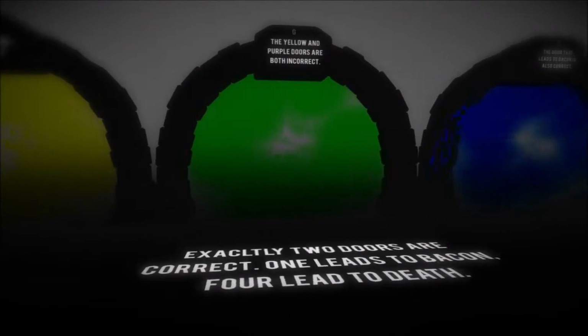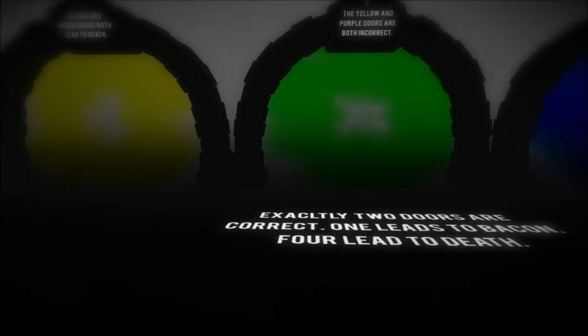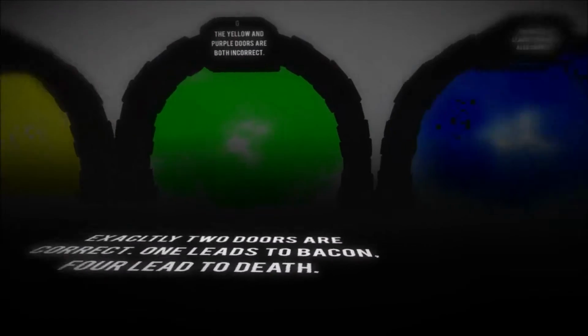So if yellow and purple are incorrect, that would leave green being correct, which would mean it would be either those two. And since red cannot be correct, that means it can't be red. But that's under the assumption that blue is correct.